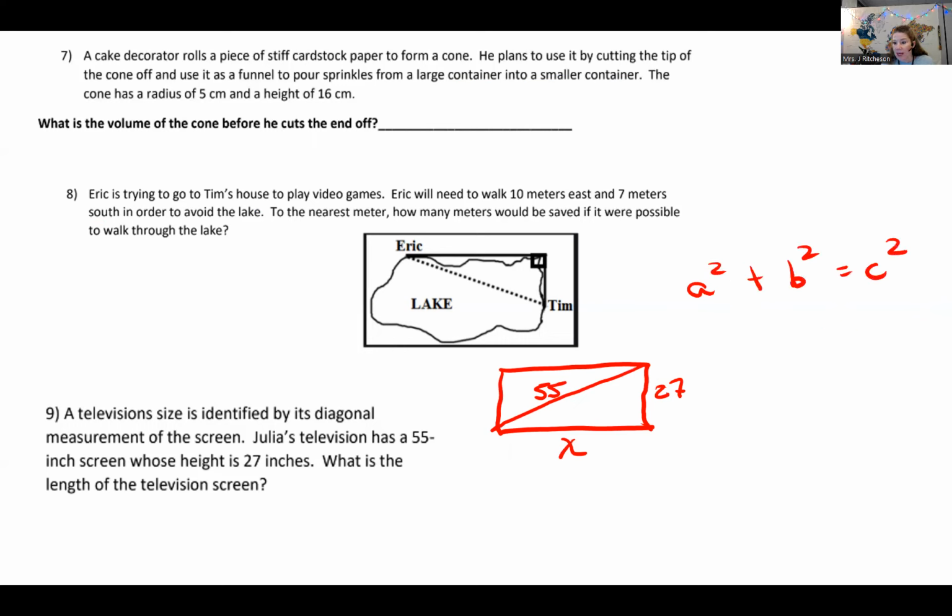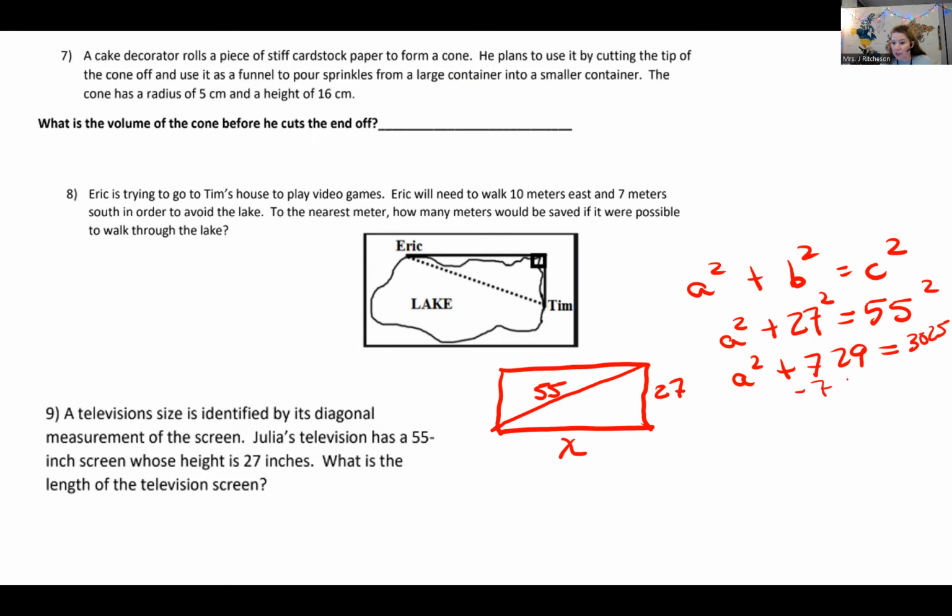So we know 55 is C, not squared, but C. And then 27 can either be A or B. It doesn't matter. So 27 squared is 729. And 55 squared is 3025.